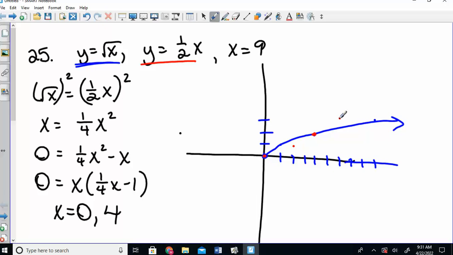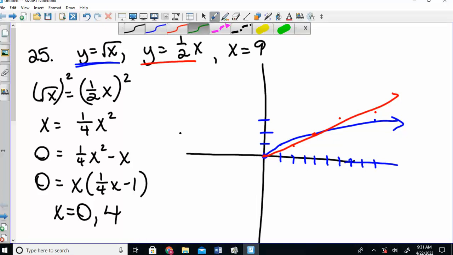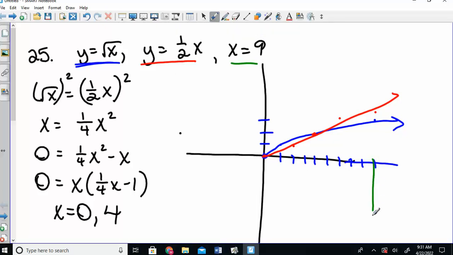If I put in a 9, 1/2 times 9 is 4.5. So this one is a line. Mine isn't very straight because I didn't draw perfectly to scale, but we get the idea. And then I'm stopping this at x equals 9, which is a vertical line.